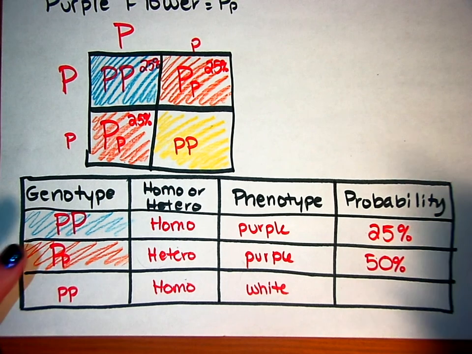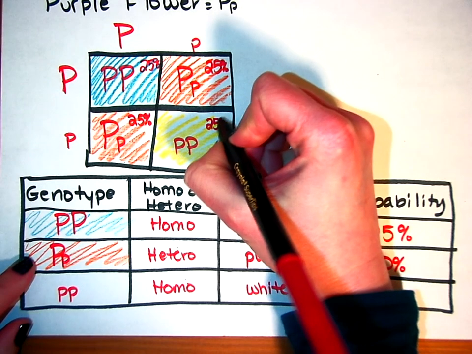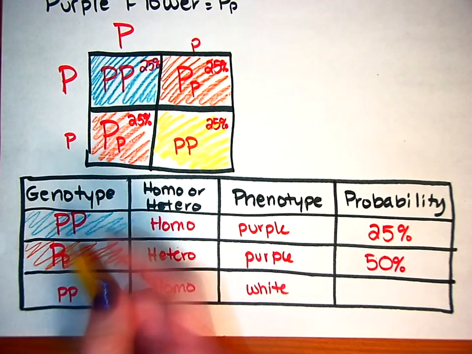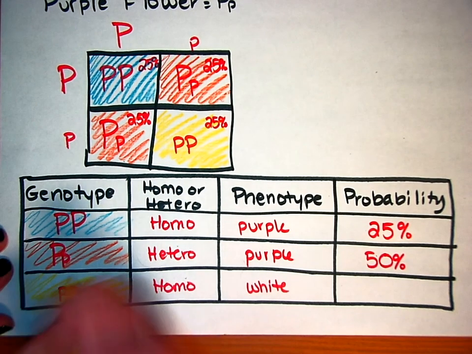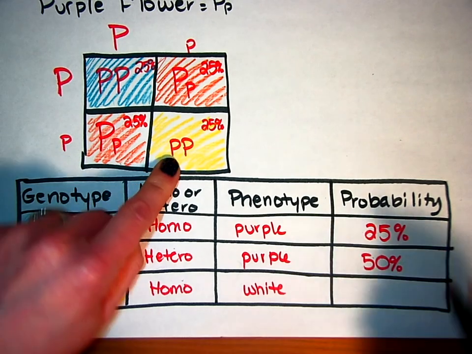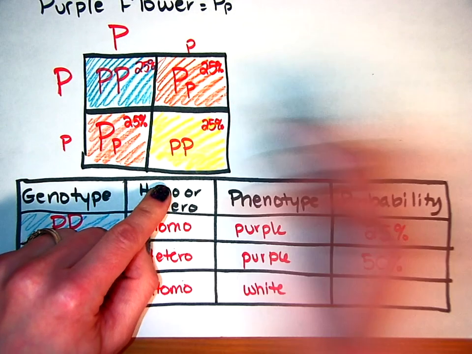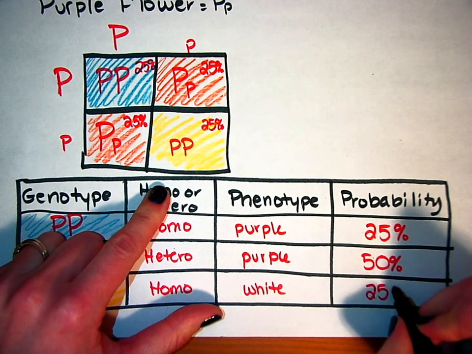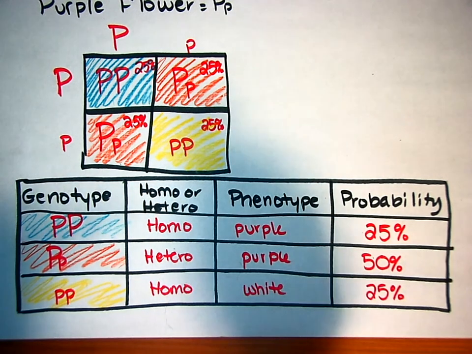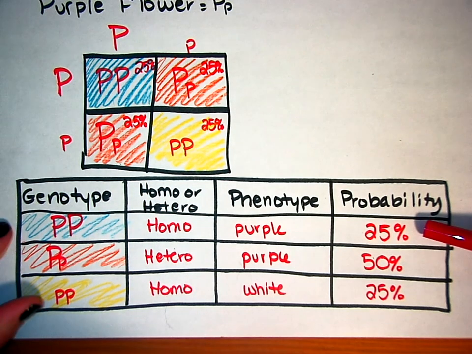And lastly, I have my yellow square, my little p, little p, my 1 chance of white flower. Because there's only 1 square, it's a 25% chance. So in this case, these are the chances of each individual genotype.